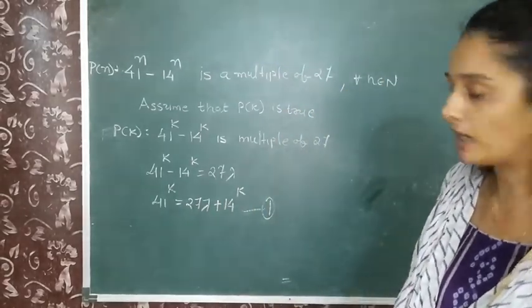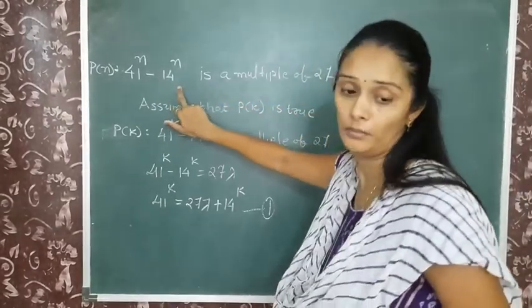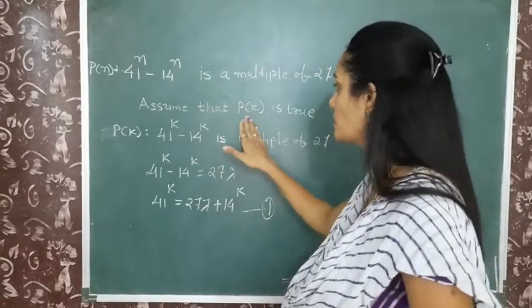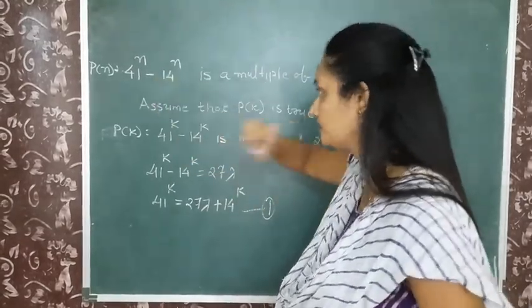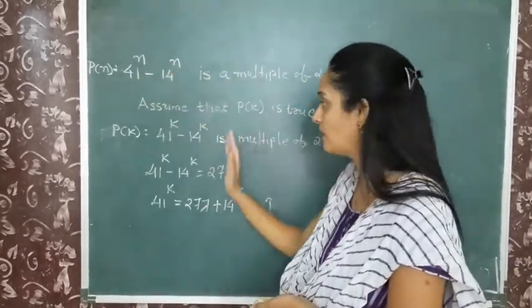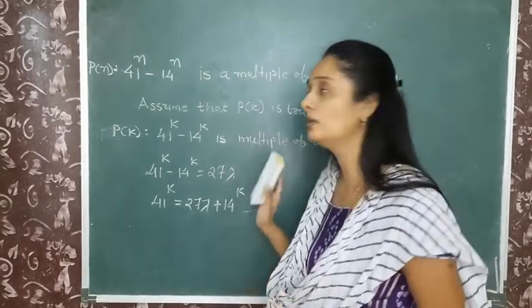Okay, now we have to prove this statement is true for k plus 1. That means n is replaced by k plus 1, and then by simplifying we want 27 as one factor.